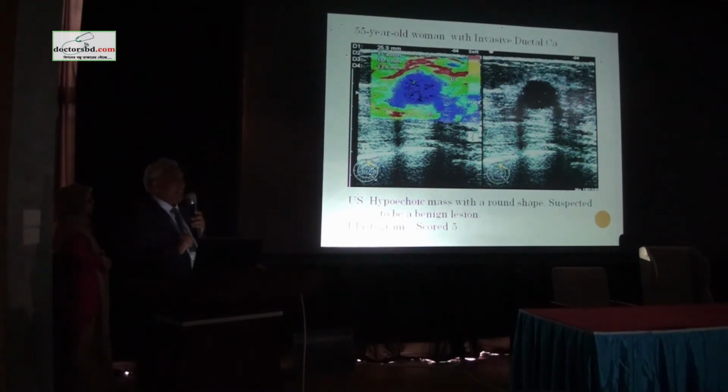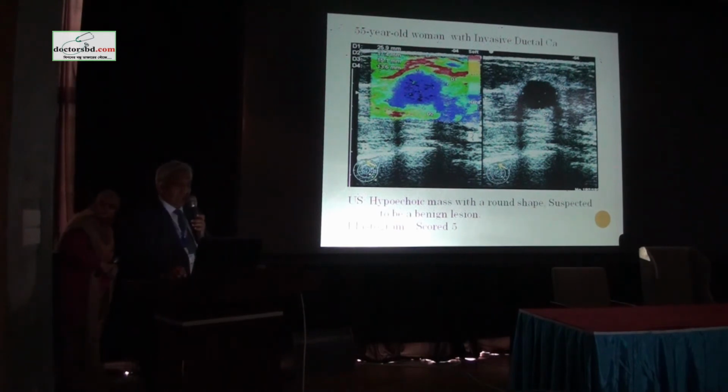You see the grayscale image where you find a hypoechoic lesion, rather representing a cystic lesion, and see the enhancement pattern. With this enhancement pattern and the lesion being cystic with well-defined boundary, a little bit of irregularity at the periphery, the lesion was on the basis of ultrasound scored as category 4 and 5.